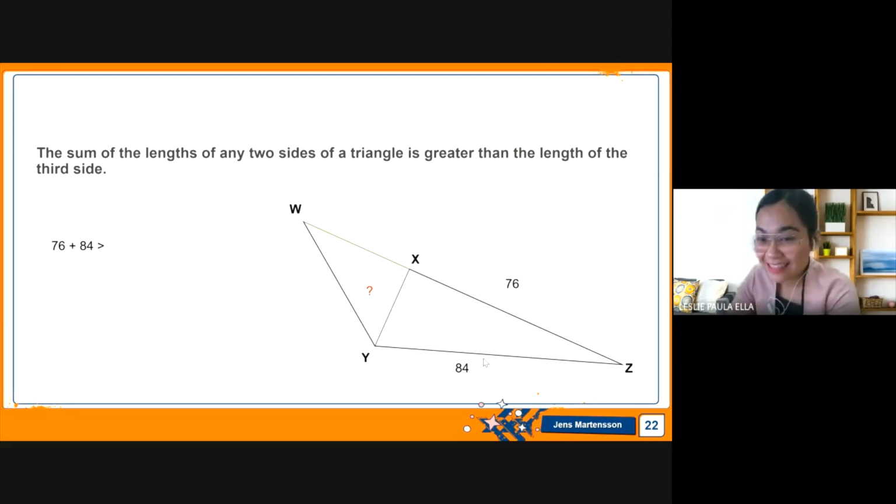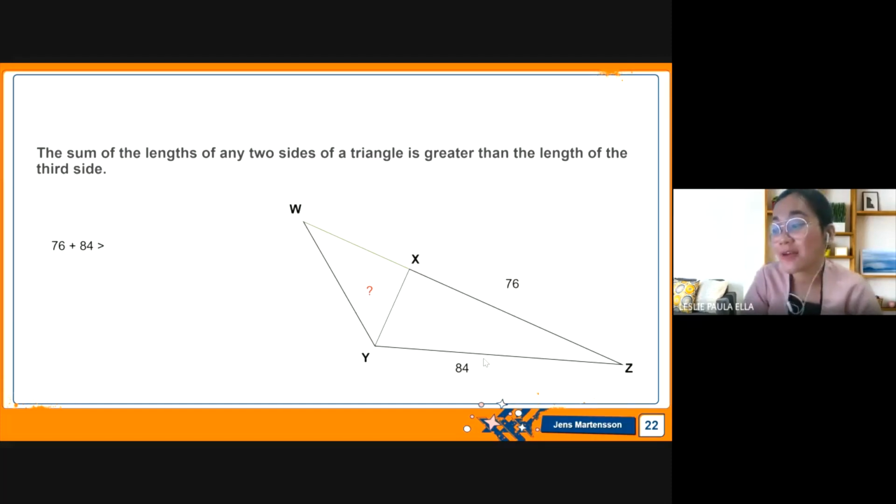265, 90. Okay, let's see. If 265 is added to 76, then obviously 341 is greater than 84. That's correct. And if 265 is added to 84, the answer is 349, so it is also greater than 76.